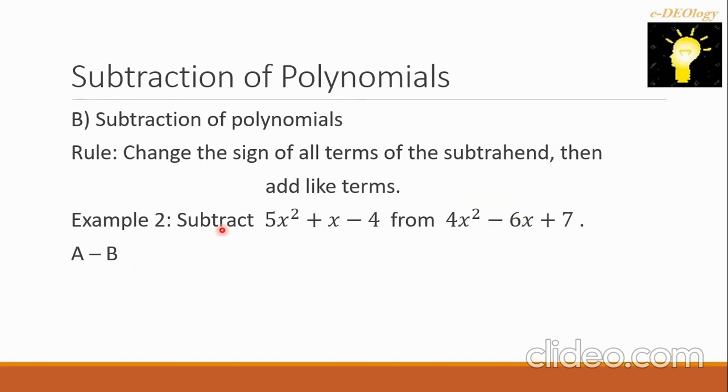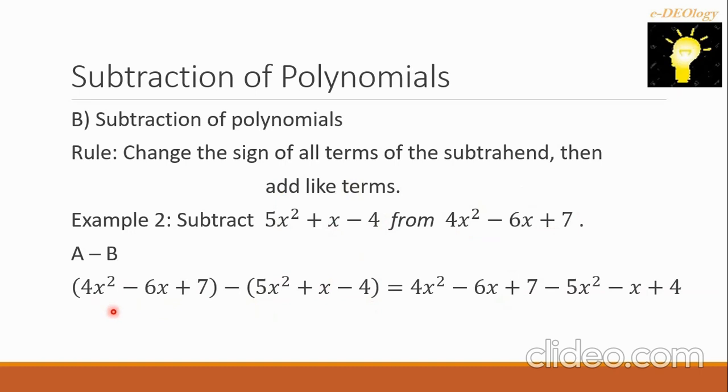But based on the manner the problem is written, the second polynomial here is considered to be the a, and this first polynomial here is our b. So we're going to put the second polynomial first. That will be our minuend, followed by our subtrahend. And then, as a rule, we're going to remove the grouping symbol, but we will change the sign of all the terms of the second polynomial.